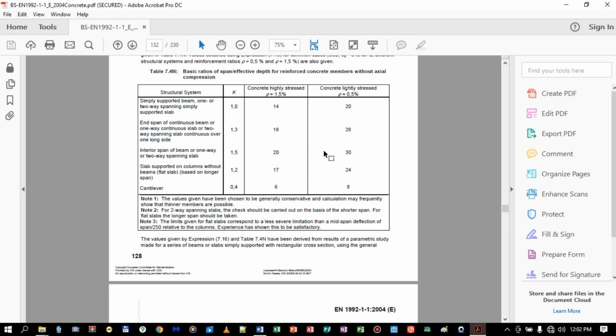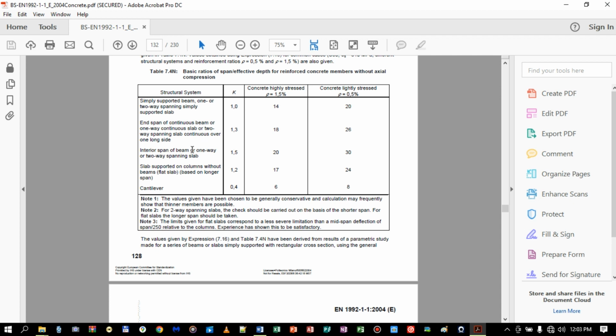Since we are dealing with a slab, we know that a slab is quite lightly stressed compared to beams. Beams are highly stressed. This is because the slab distributes loads to a wider area compared to a beam. And the slab we're designing was an end span of a continuous slab.